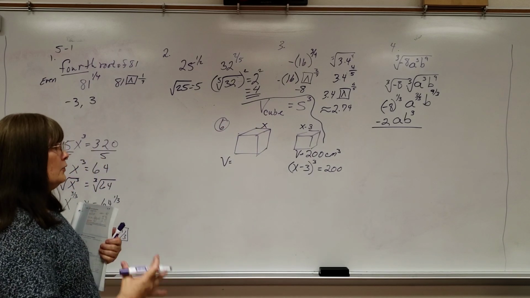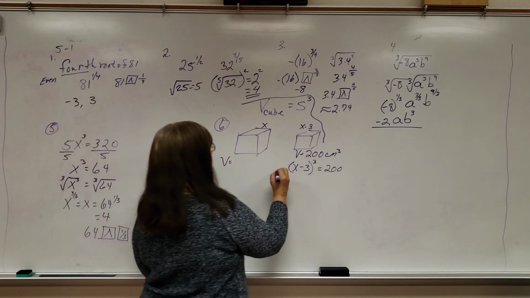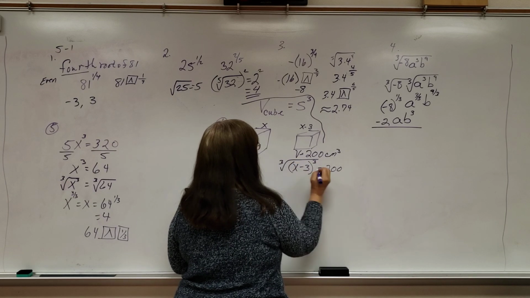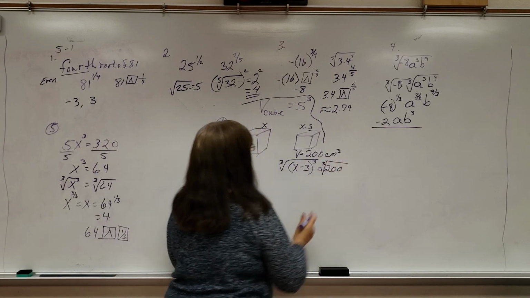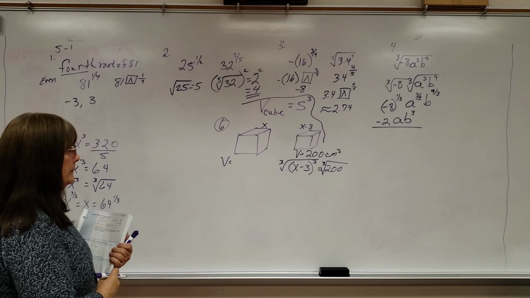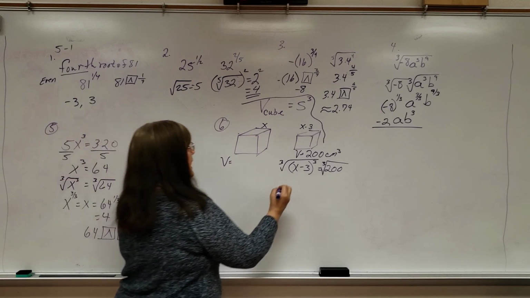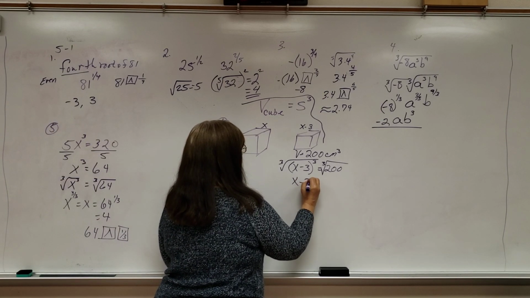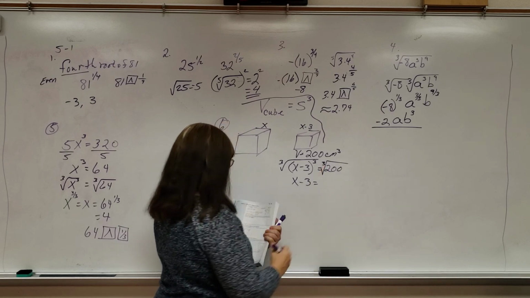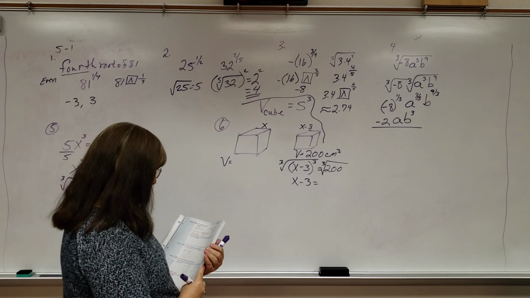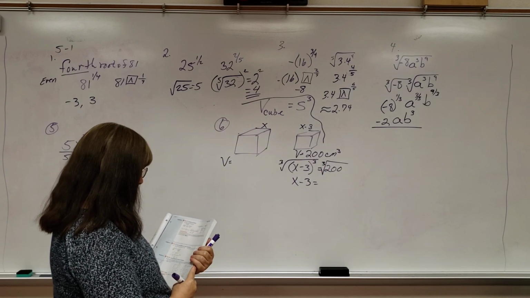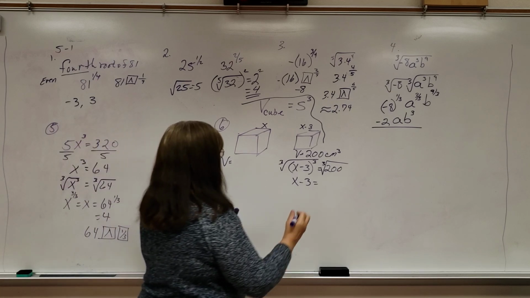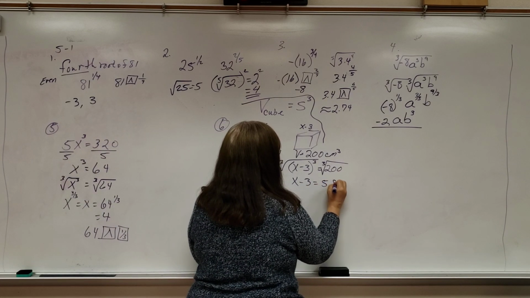The next thing I'm going to do is I'm going to take the cubed root of both sides of this equation. When I do that, I'm going to get x minus 3 equals the cubed root of 200, and the cubed root of 200, if you put that into your calculator, will be approximately 5.85.